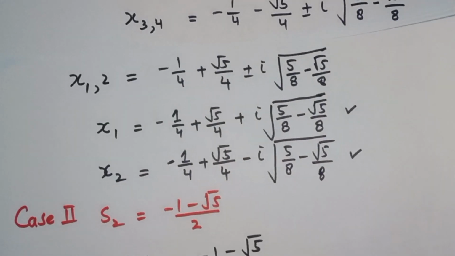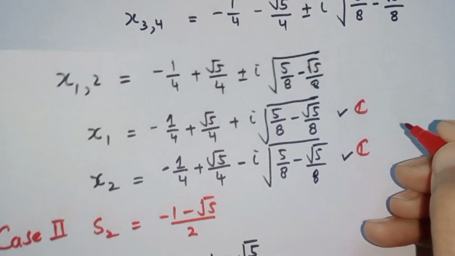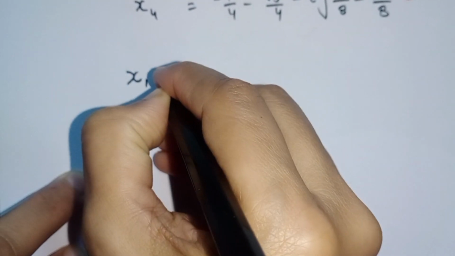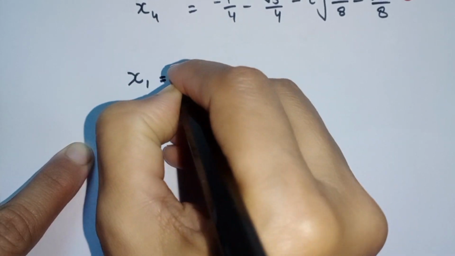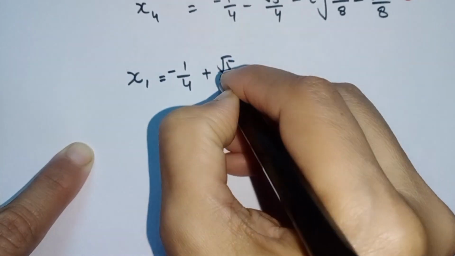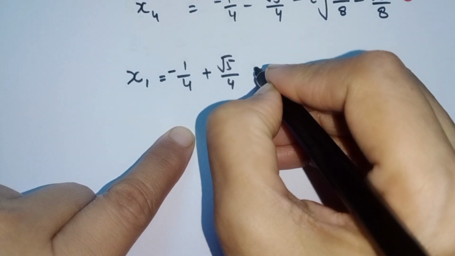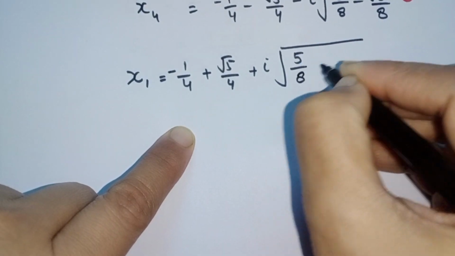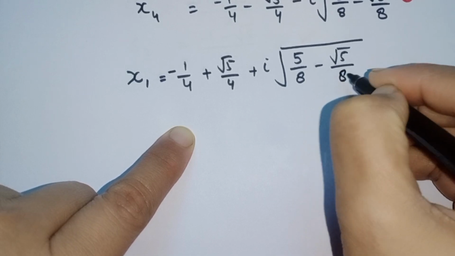So our x1 was a complex root and x2. I'm going to write all four roots together. That is, x1 is equal to 1 over 4 minus 1 over 4 plus square root 5 over 4 plus i square root 5 over 8 minus square root 5 over 8.